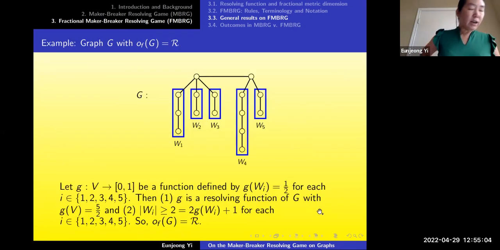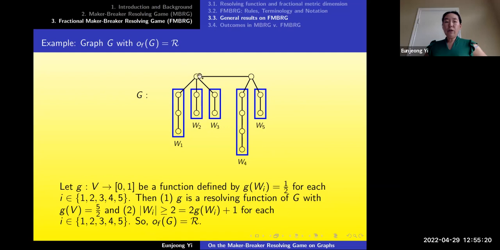If I could take a couple more minutes, I think I can finish up. This is a demonstration of the outcome of the fractional maker-breaker game where the resolver is guaranteed to win. The first extreme major vertex on the left in G has terminal degree 3.